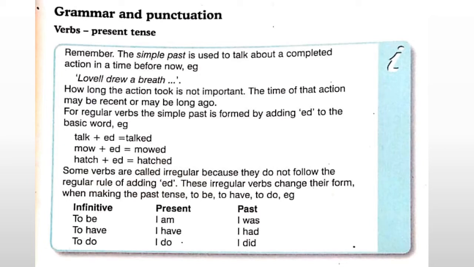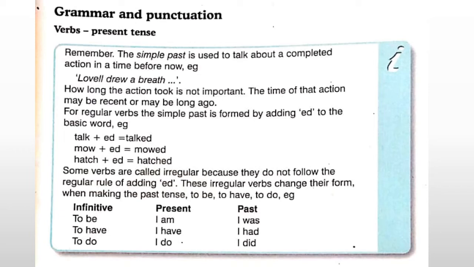Hatch plus ed, hatched. These are regular verbs. Some verbs are called irregular because they do not follow the regular rule of adding ed. These irregular verbs change their form when making the past tense: to be, to have, to do, etc.